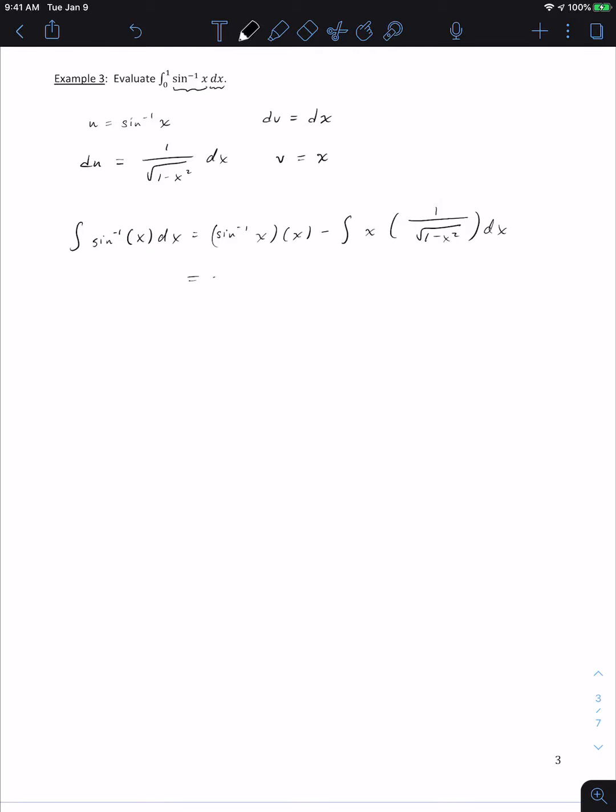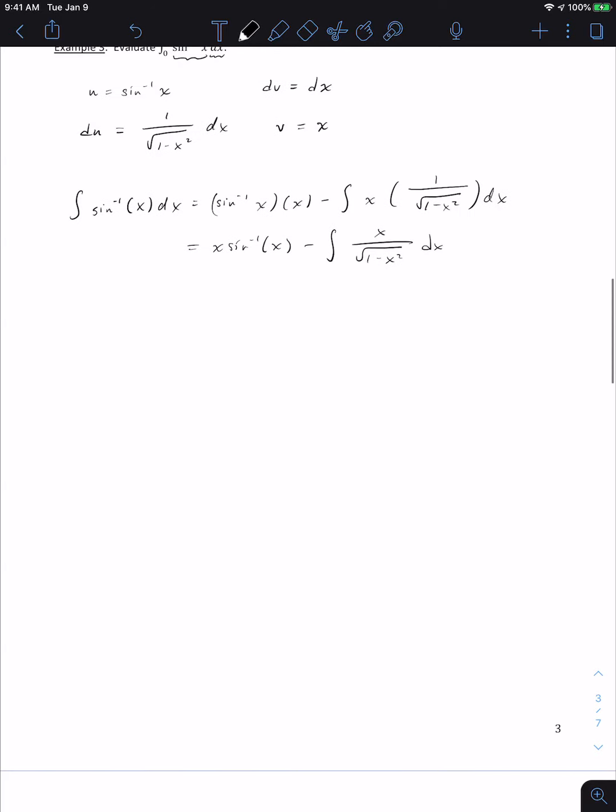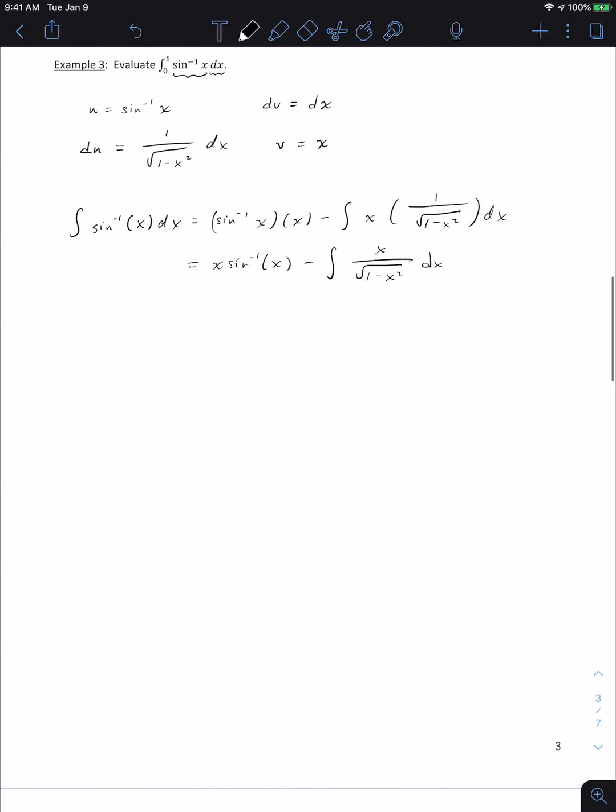All right, so this looks like x sine inverse of x minus the integral of x over the square root of 1 minus x squared dx. Okay, so at first glance you're like, why did we bother doing integration by parts? We had some hard integral and we got another hard integral. However, this hard integral over here we didn't know how to solve. Here we do know how to solve it.